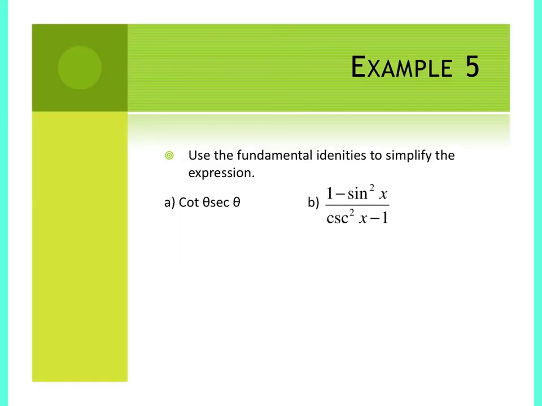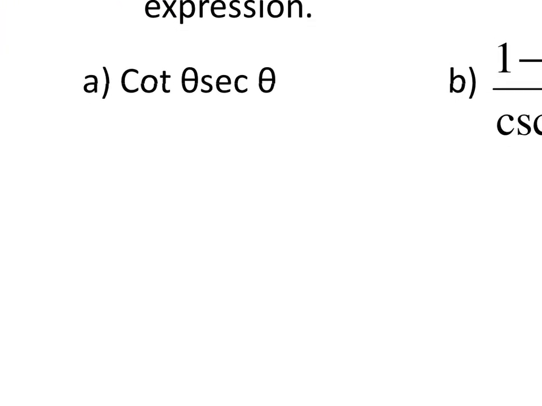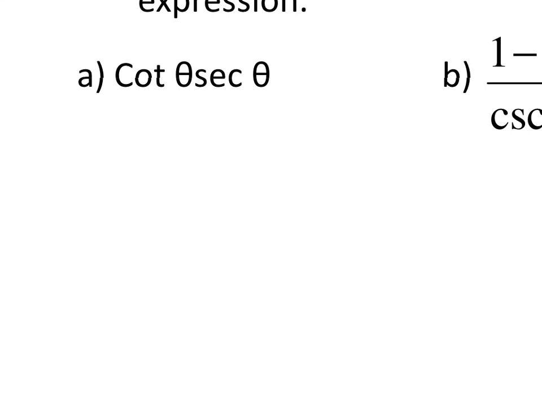All right, just some more examples. Use the fundamental identities to simplify the expression. Sometimes they are very basic, just multiplication. What can I replace cotangent with? One over tan x. Okay, 1 over tan. What can I replace secant with? 1 over cosine.